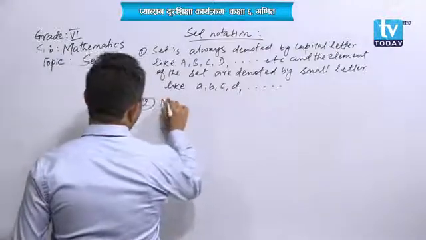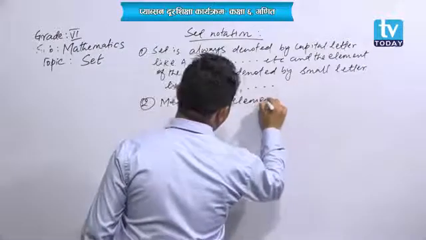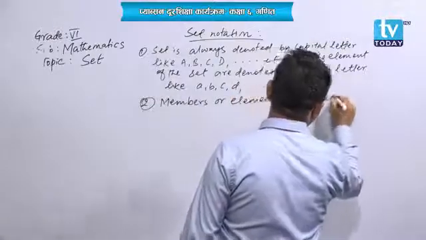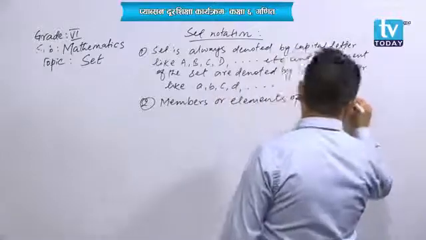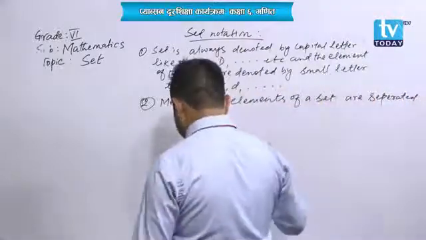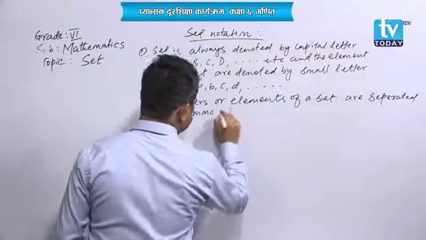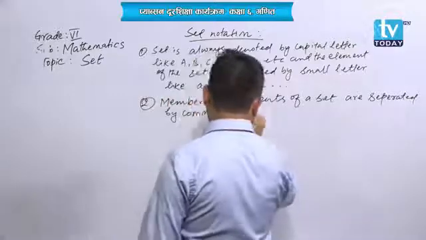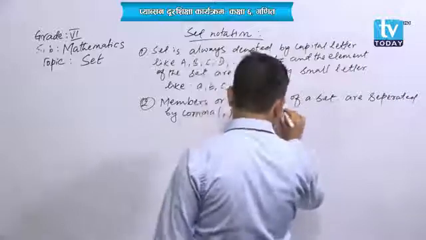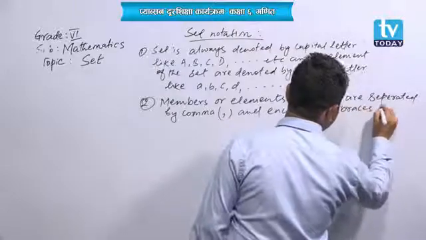Number 2, members or elements, same meaning, of a set are separated by comma and enclosed in braces.